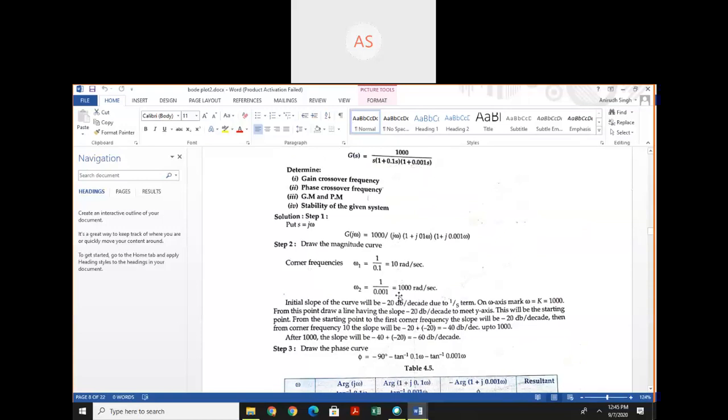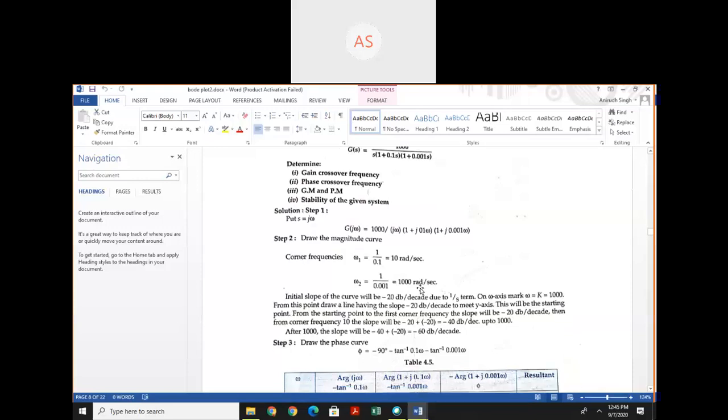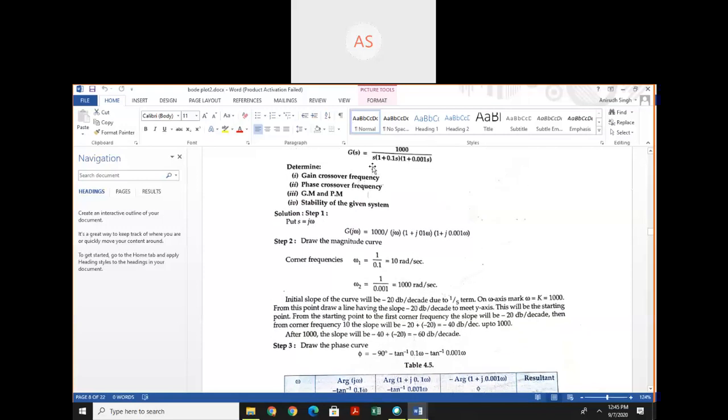For this term, corner frequency is 1000 radians per second, and this is the angle for the pole at origin. Angle is minus 90.